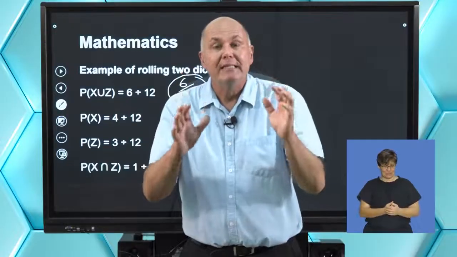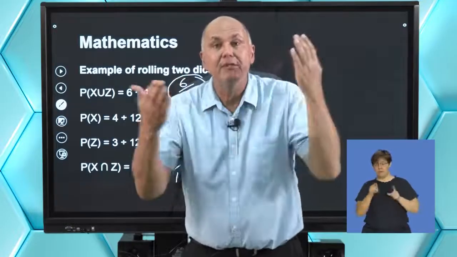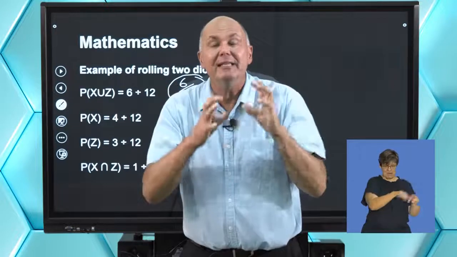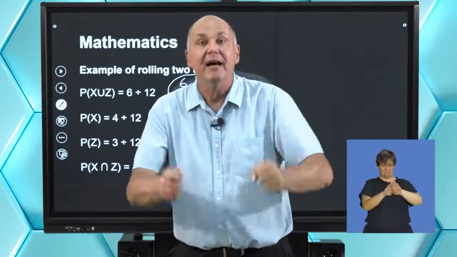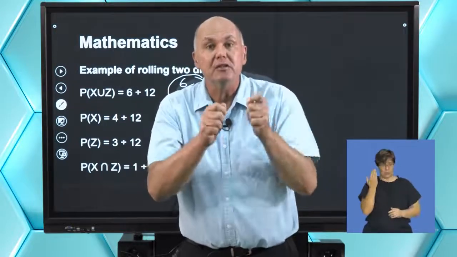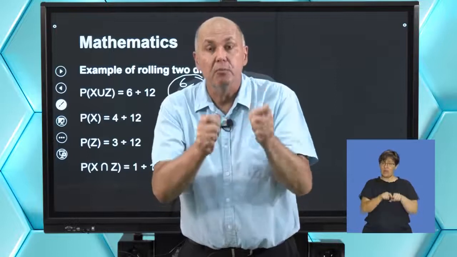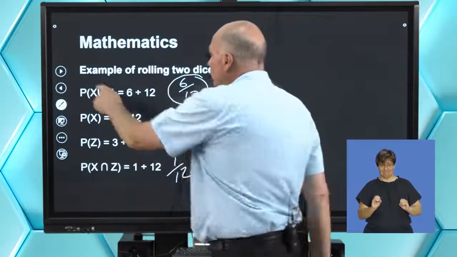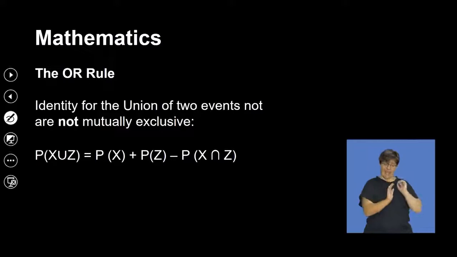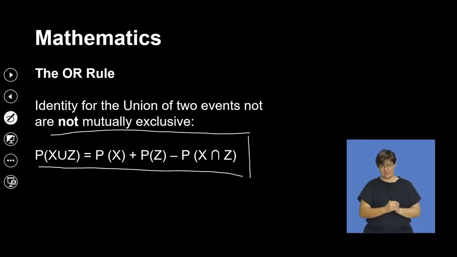When we have sets that do have an overlap, that do have an intersection, where the intersection is not 0, in other words, for non-mutually exclusive sets, we can have this identity. And we're going to use this as our OR rule for things that are not mutually exclusive. Take a note of what we do.